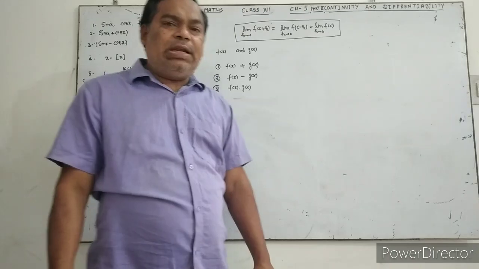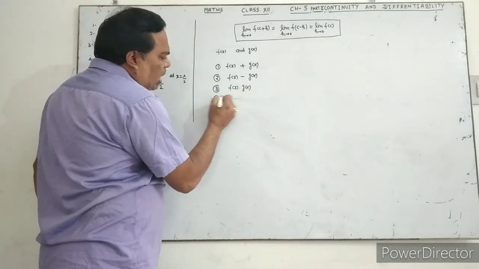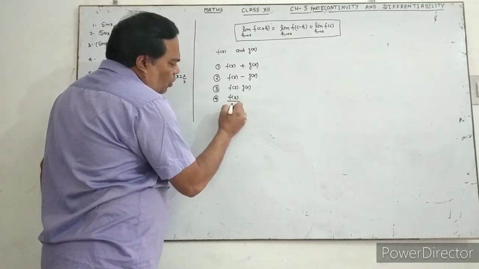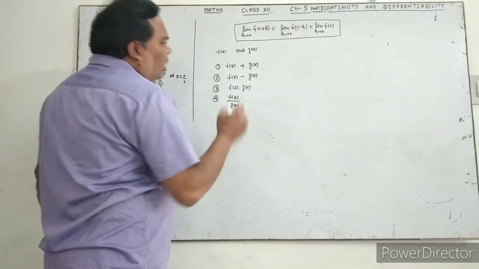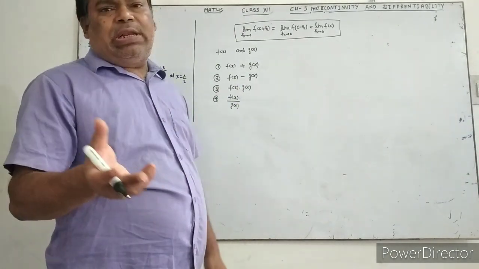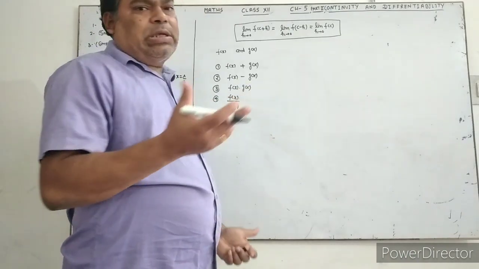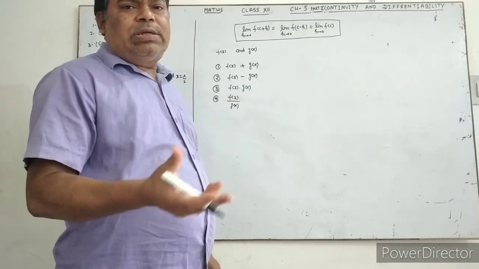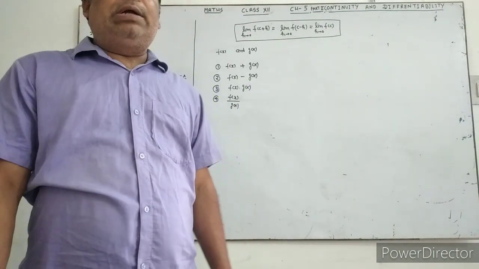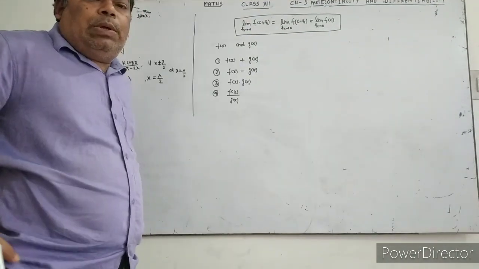And the division of the two continuous functions is also a continuous function. What is the first theorem? The first theorem is every polynomial function is a continuous function. Second, the sum of two continuous functions is a continuous function. The difference of two continuous functions is also continuous. Product and division are also continuous.